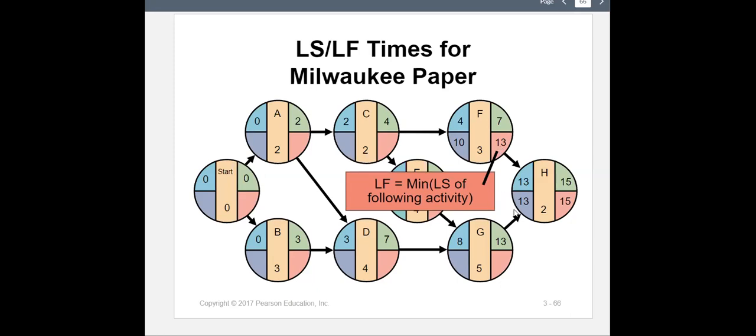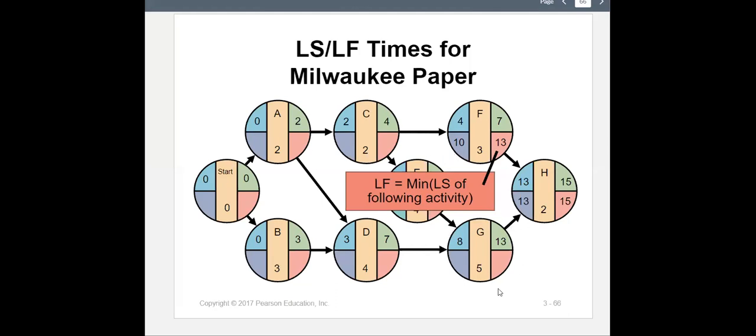And how do we know that? Because H can wait 13 weeks to start. So there are 13 weeks of time at this point, okay? All right, so we already know that F's earliest finish is 7, and its latest finish is 13. 13 minus 3 is 10, right? So let's continue.